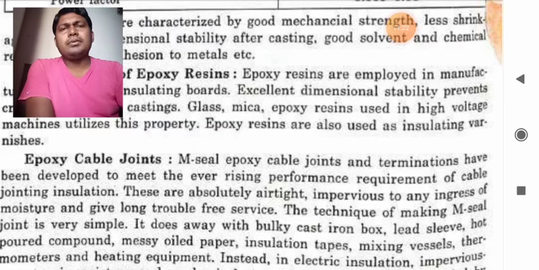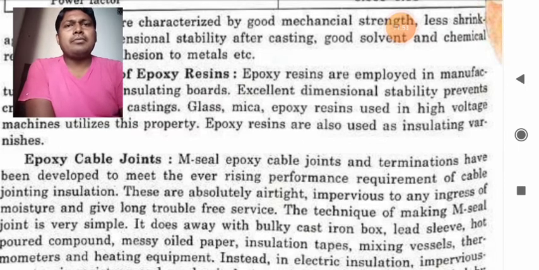In other words, it is totally sealed so that moisture cannot enter, and gives long trouble free service. So this kind of joint is very reliable, because it has a very long trouble free service.